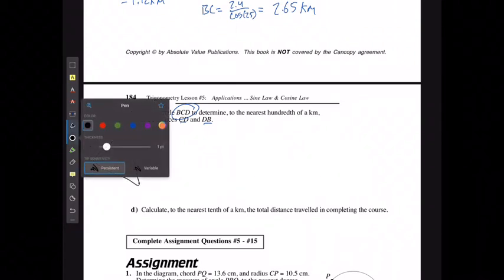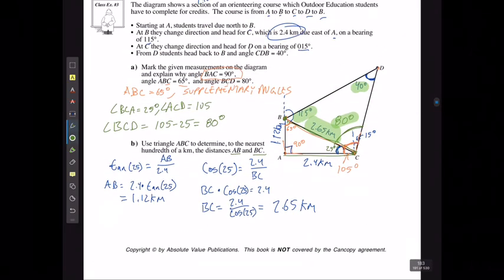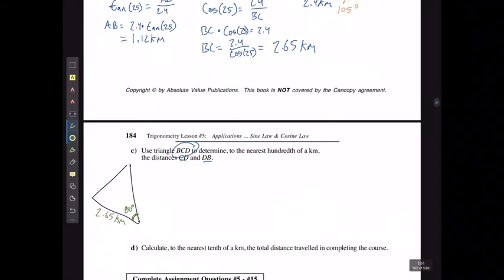So I'm using the shared side length, 2.65 kilometers. I have my angle of 80 here. I have my angle of 40 here. And then from that, I know that this last angle is going to be 60 degrees. Here's my point B, here's my point C, here's my point D.